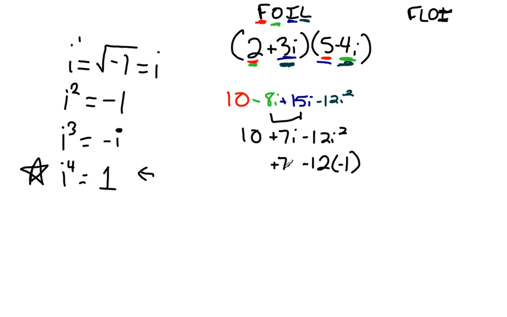So negative 12 times negative 1 is positive 12 plus 7i plus 10. We can combine our constants here. So 10 plus 12 is 22 plus 7i, or 7i plus 22.